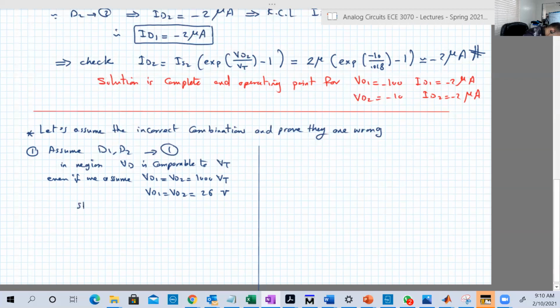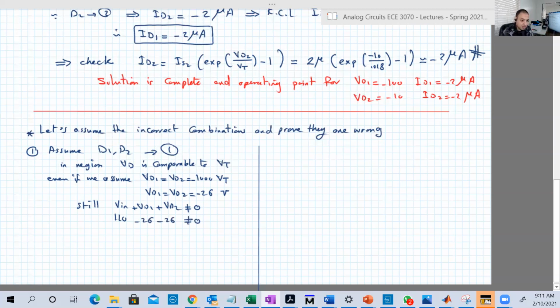So still V input plus VD1 plus VD2, this is minus 26, will not be equal to zero, because this is 110, this is minus 26 and minus 26. This is not equal to zero.